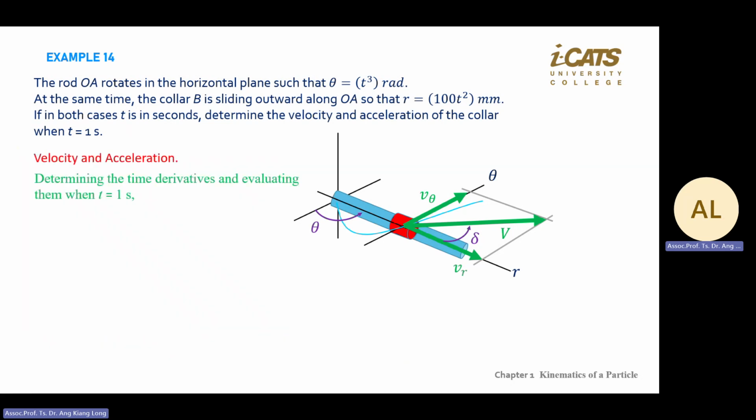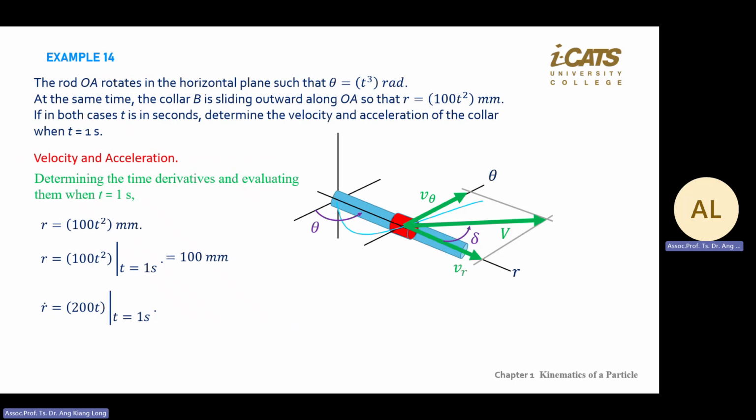Okay, so you do the differentiation. This is just to find the value when it's 1 second. The question asks for 1 second, but it's okay, you do not do the substitution yet. You derive the equation of R dot first. So R dot, what do you get? 200t.